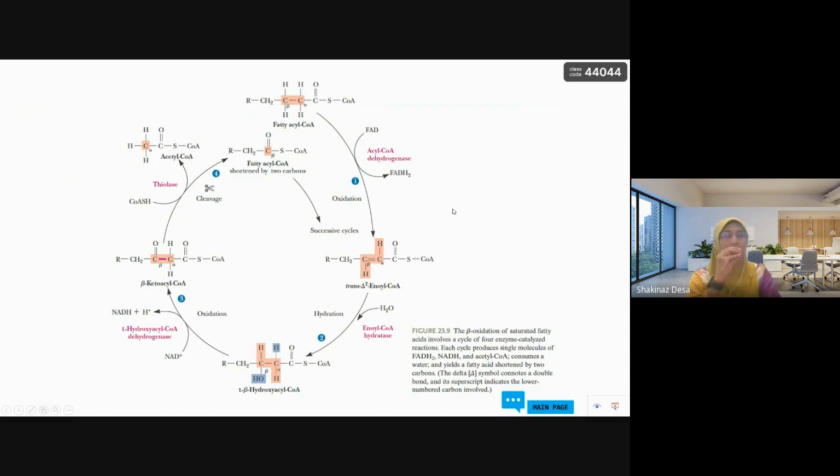Energy tu nanti will be used to form ATP dalam electron transport system tu nanti. But what happened to acetyl-CoA? Acetyl-CoA, as we know, it can go into Krebs cycle or TCA cycle to produce more of energy molecules. Itulah cerita dia. So, adalah kegunaannya di situ. Recall balik the processes, or you can baca buku pun, it will be a quick one pun kan.